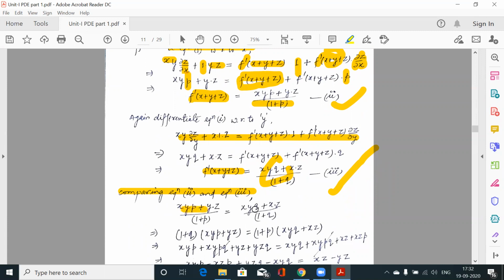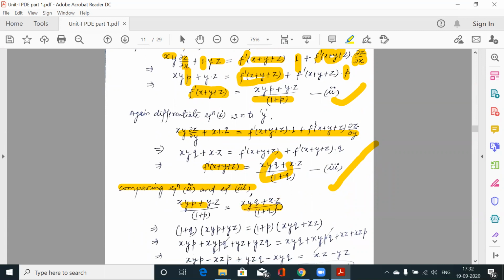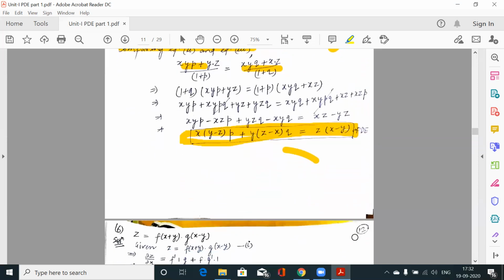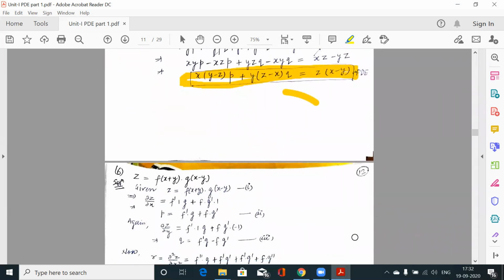So this is equal to this, and we have eliminated f. Now to get the answer in simplest form, we simplify this. By cross multiplication and taking the terms here and there, we get this differential equation. This is a first order PDE, which is free from the given function. So this is our required answer.